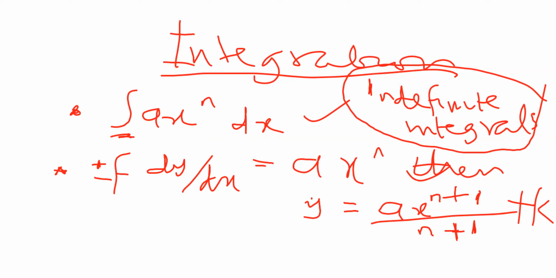This one will always go with an arbitrary constant, K. Arbitrary constant, K. I'll throw more light so that you can understand. Is this clear? This is the formula.